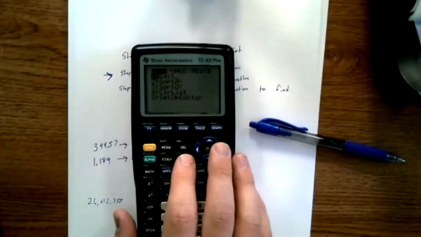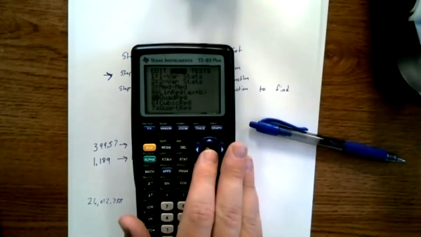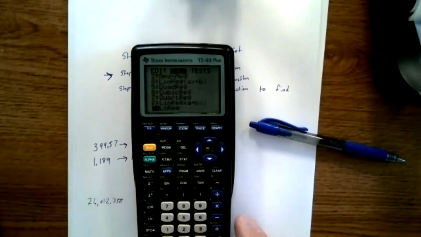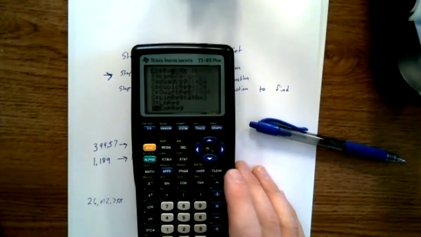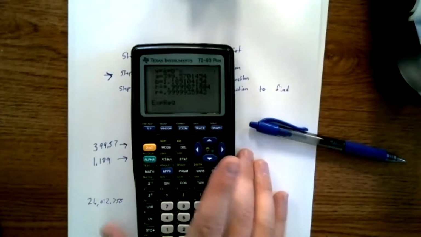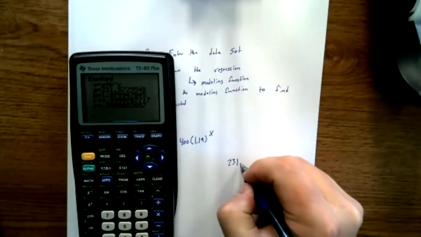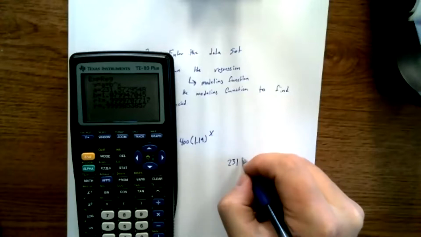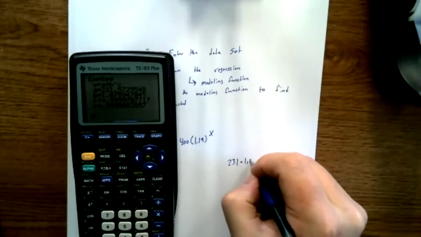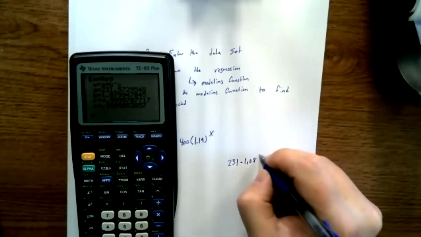Okay, so go stat, calc, exponential regression to get my modeling function. Okay, so it gives me 231 times 1.08 to the x.